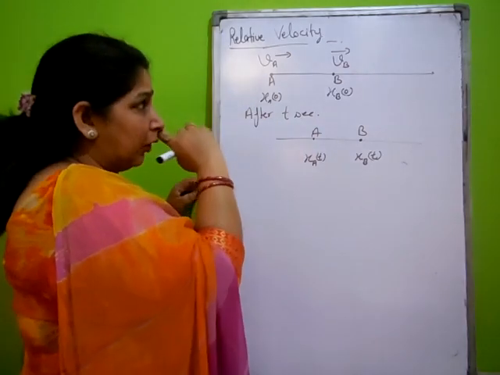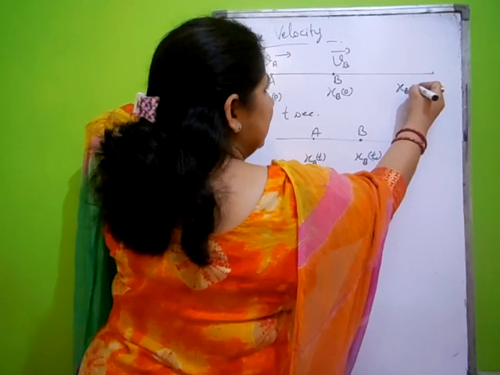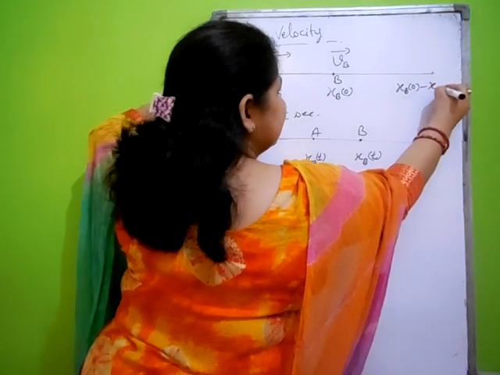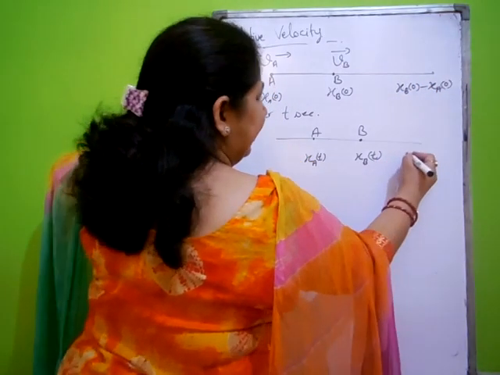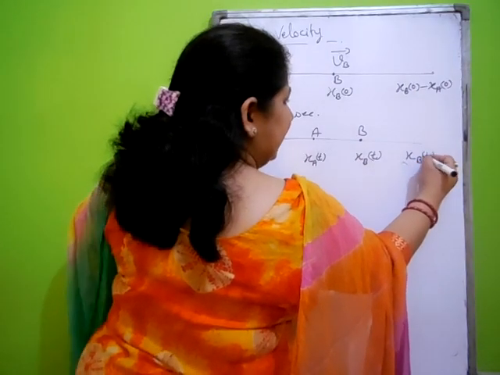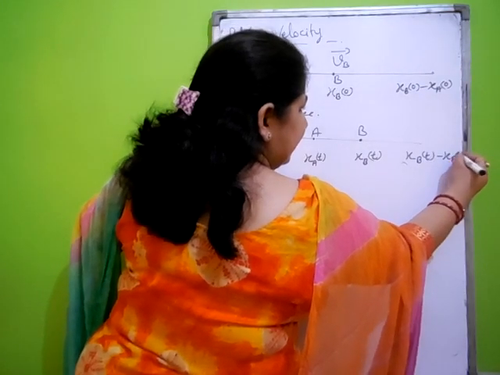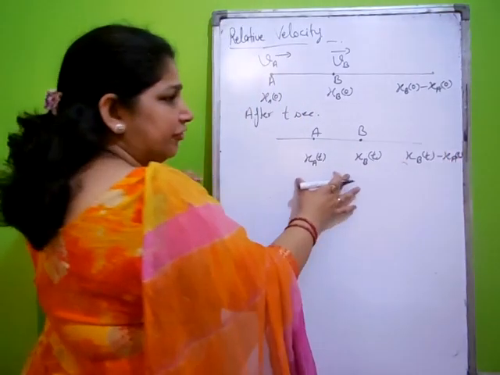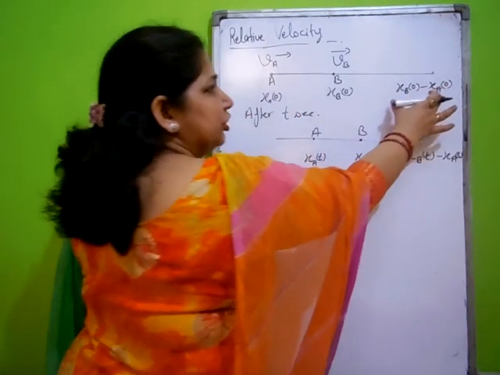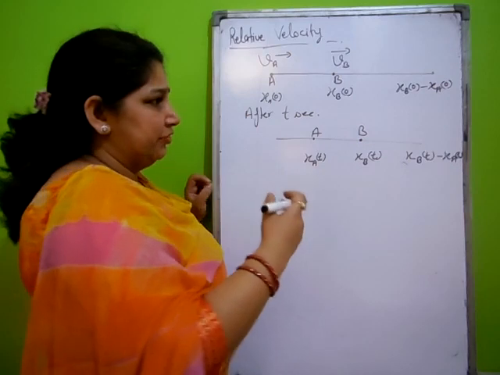What is the position difference between these two times? XB0 minus XA0, and here XBt minus XAt. This is the position difference after the t time. This is the position difference when we start the observation.